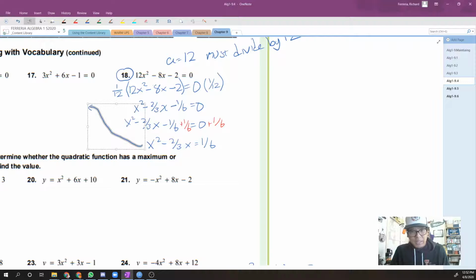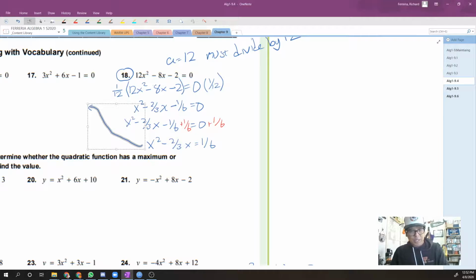That means that b is negative 2/3 and d is 1/6. So we're ready to go with completing the square. So already we've done a lot of algebra just to get it into the correct format. That's what makes this so difficult. But now that we're in the same format, barring any mishaps with the fractions, this should go pretty simple.